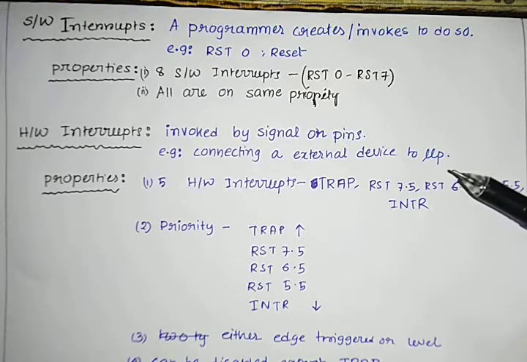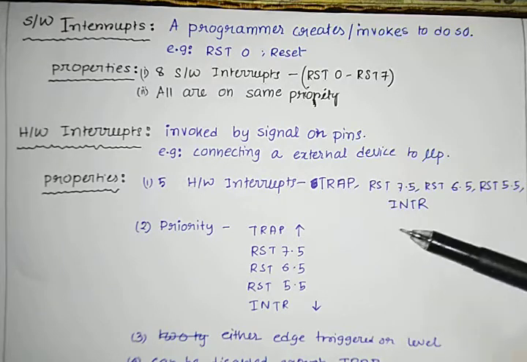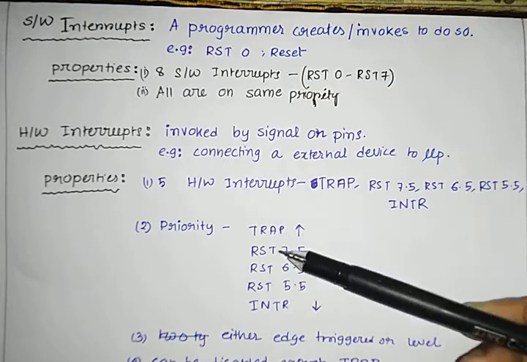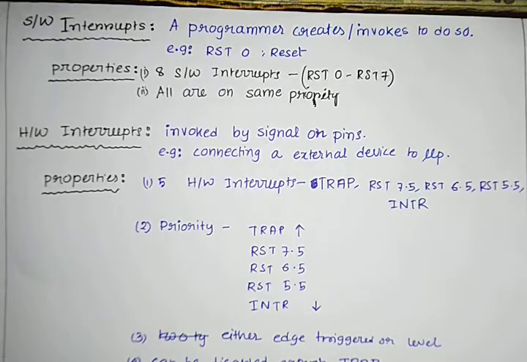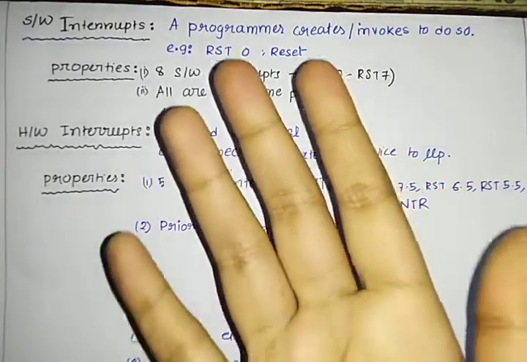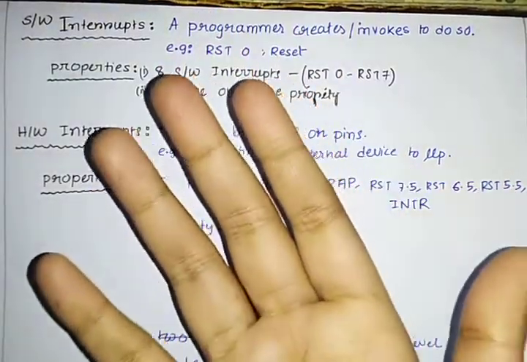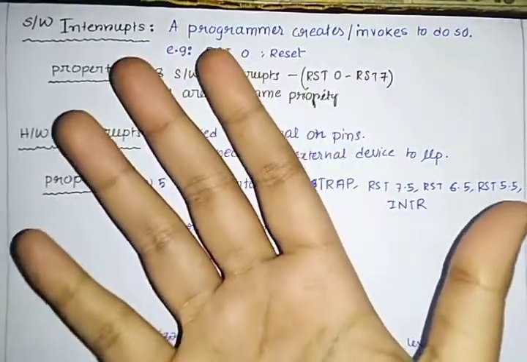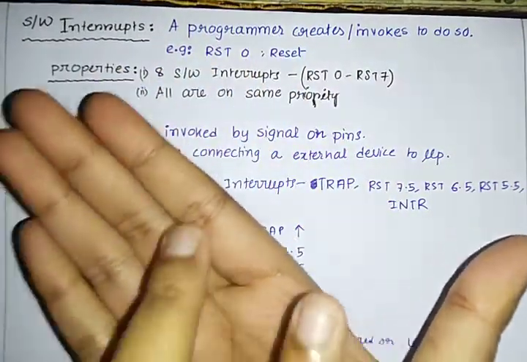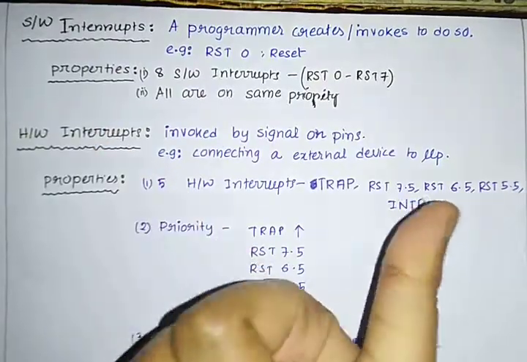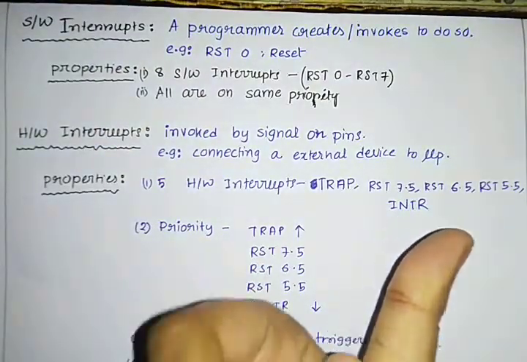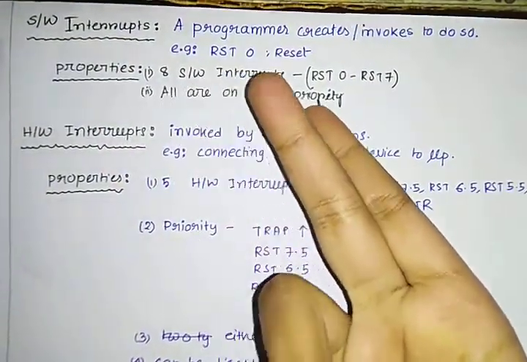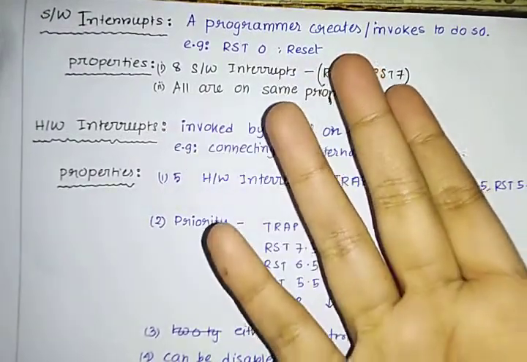There are 5 hardware interrupts: TRAP, RST 7.5, 6.5, 5.5 and INTR. So the priority is like this. When the microprocessor sees these hardware interrupts, it sees everything at once, but when it executes, it will execute one by one. The highest priority is TRAP, so first TRAP will get executed, then 7.5, 6.5, 5.5 and INTR.